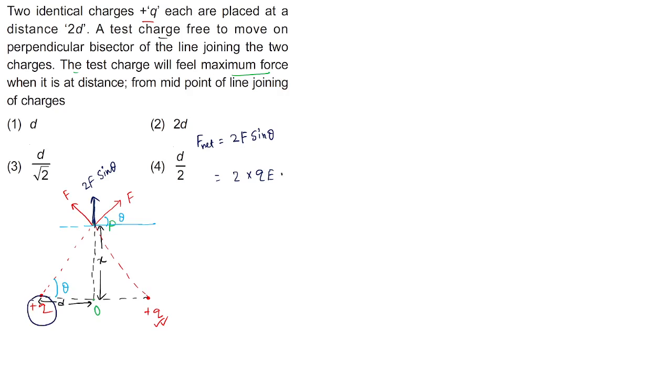Suppose this point is A. From triangle AOP, sine theta means height by hypotenuse. The height is x and the hypotenuse is root of d square plus x square. So sine theta is x by root d square plus x square.